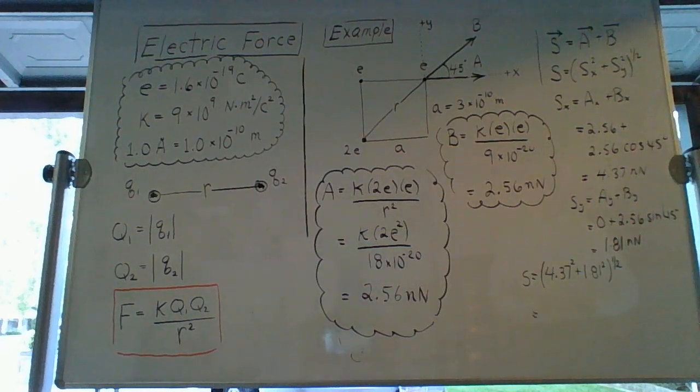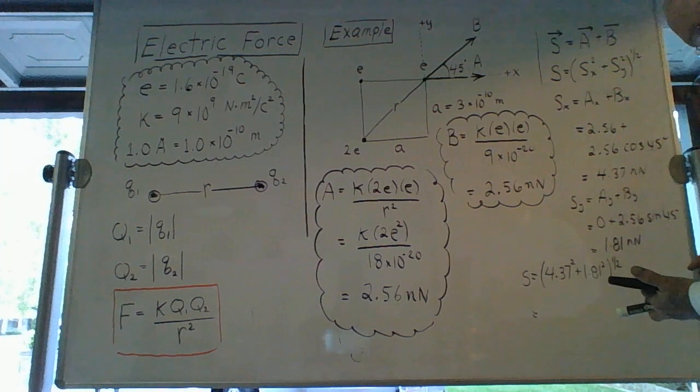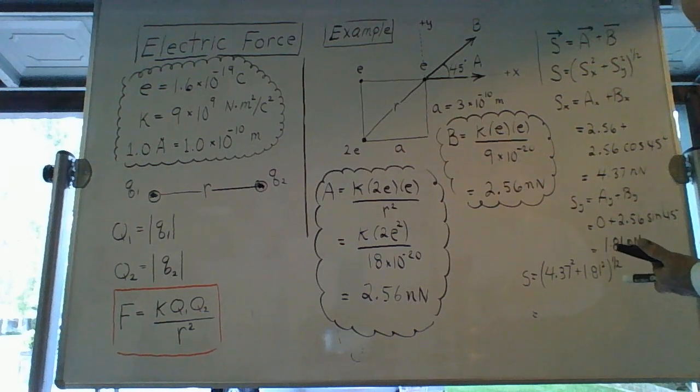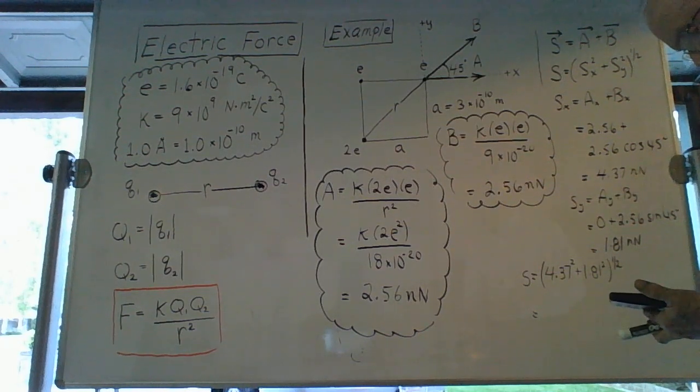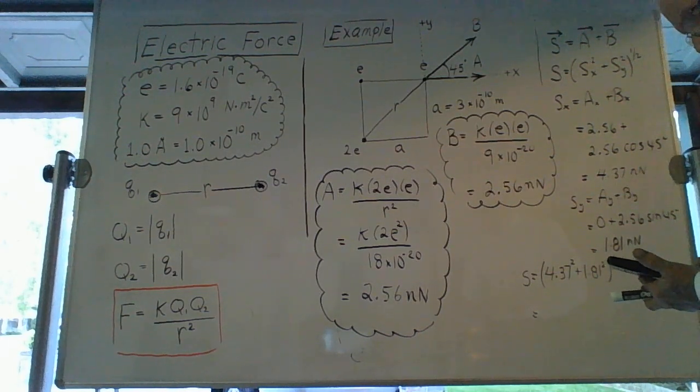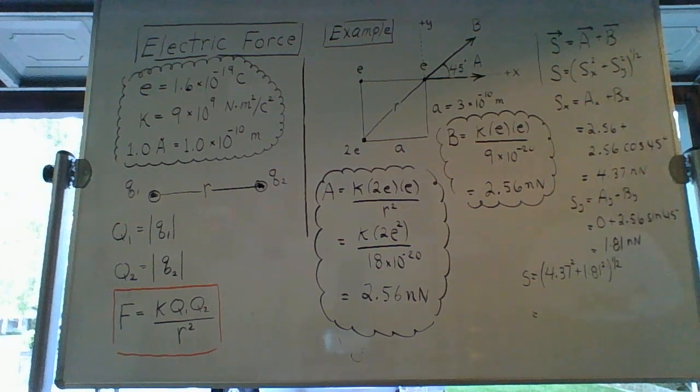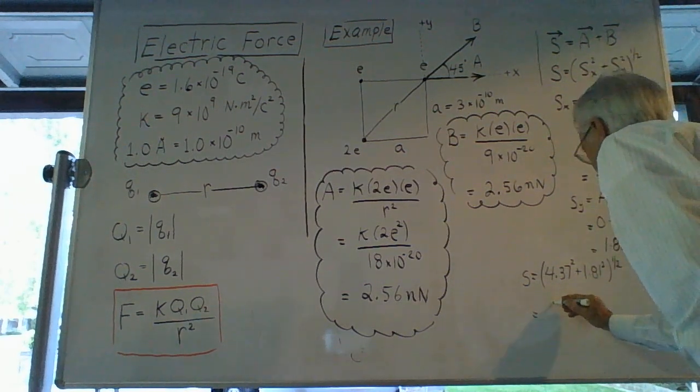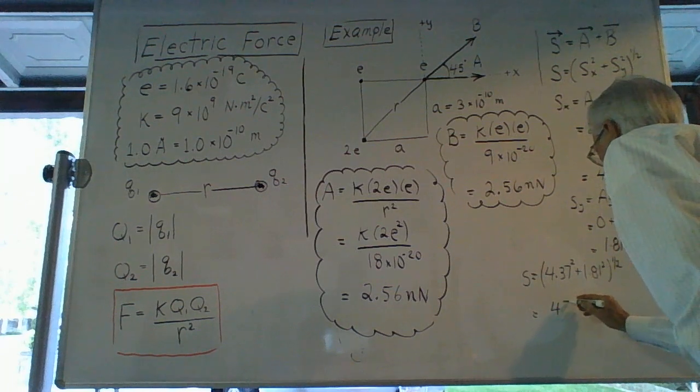Final answer is coming. 4.37 square it plus 1.81 square it, add it, sum of them square rooted. Final result, at long last, 4.73 nanonewtons.